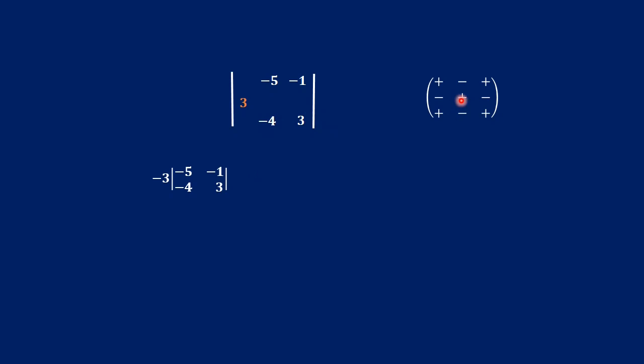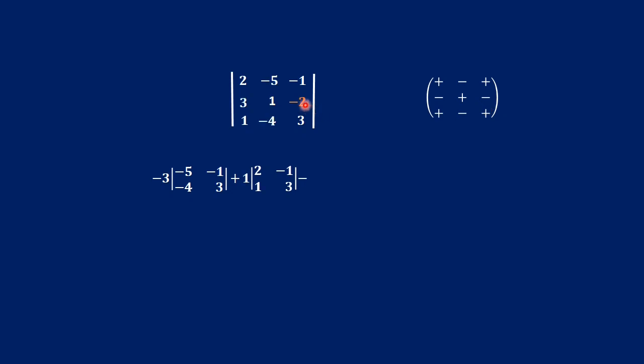The next place sign is positive. So we select the next number, delete the column, delete the row. So we have 1 multiplying this 2 by 2 matrix. 2, -1, 1, 3. And the next sign is negative.